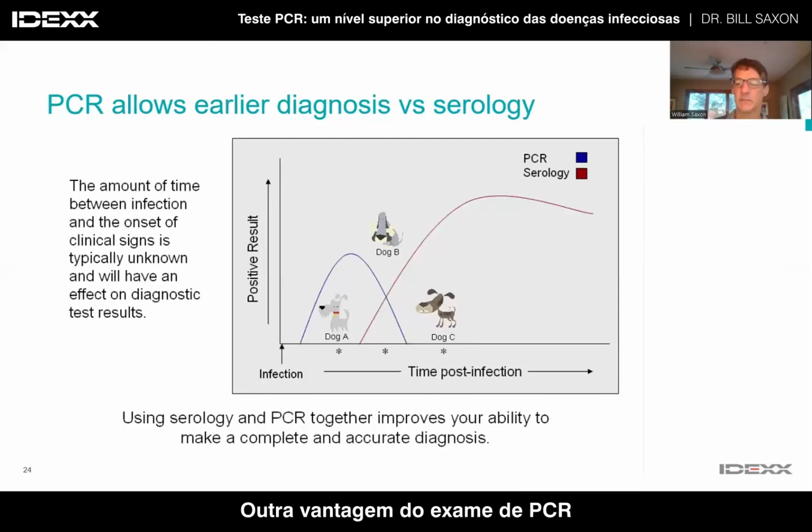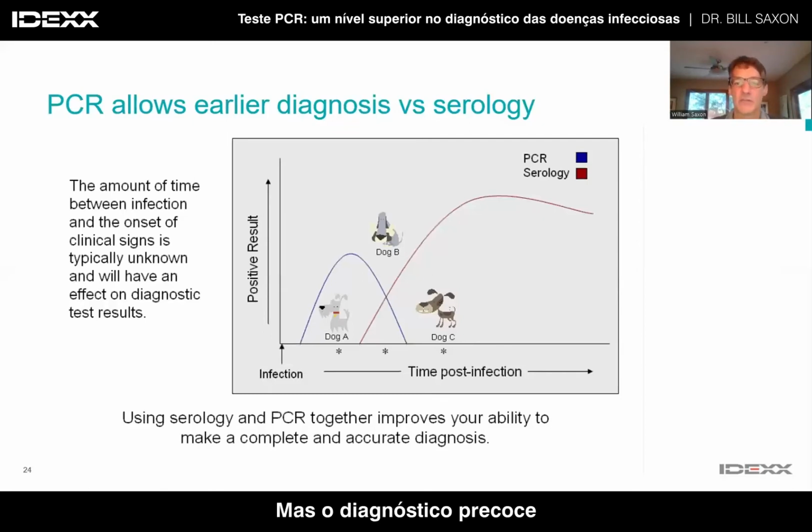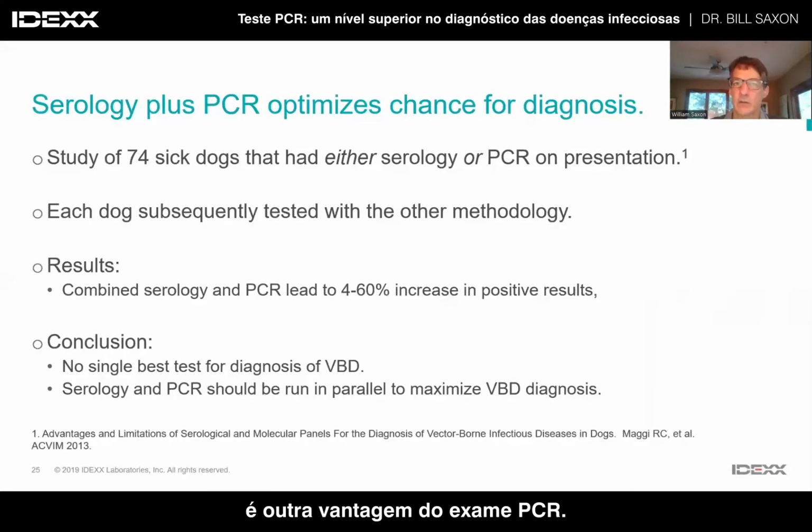So another advantage of PCR testing is you can diagnose in that acute phase. Now, sometimes in order to get the most complete assessment, you need to do both PCR and serology, because you never know exactly where your patient is in terms of their exposure to the pathogen. But early diagnosis is another advantage of PCR testing.